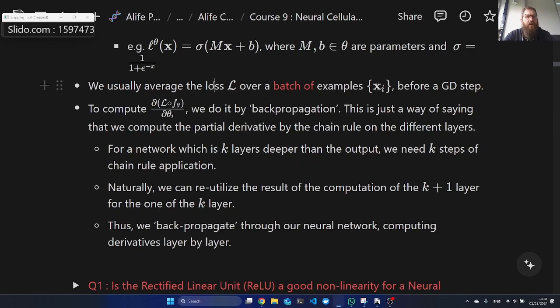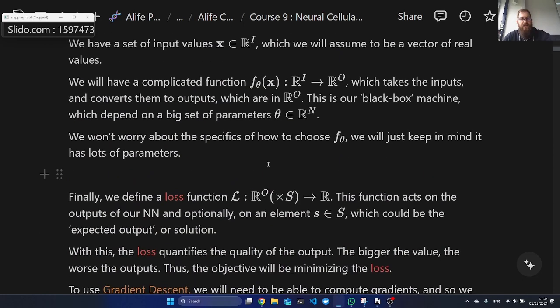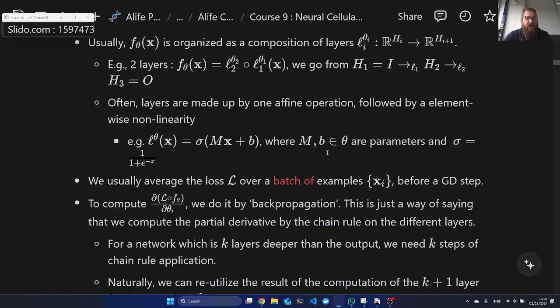So another small remark is that in the example we have given, we computed the loss on a single data point, x here, then do the gradients, etc. So in practice, what we do is that we average the loss over a bunch of data points, x, y. So we call them a batch of examples.